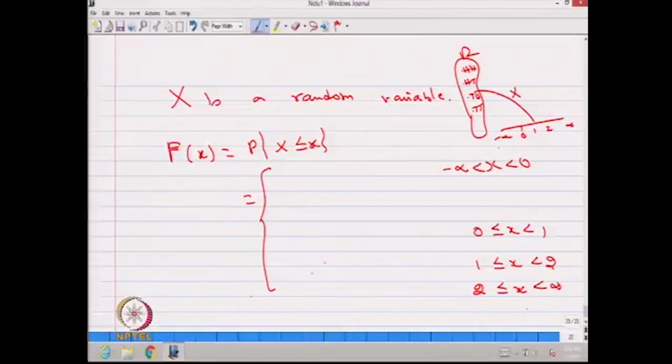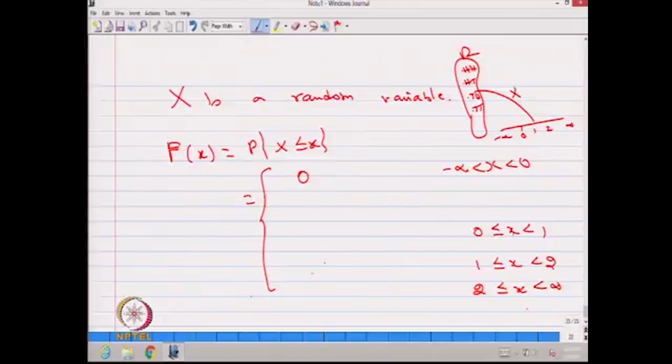When P(X ≤ x), when x lies between minus infinity and 0, it is nothing, no possible outcomes, therefore P of the empty set. So P of the empty set is going to be 0.